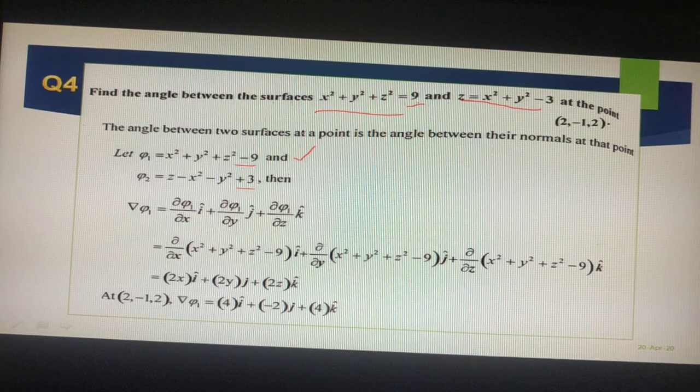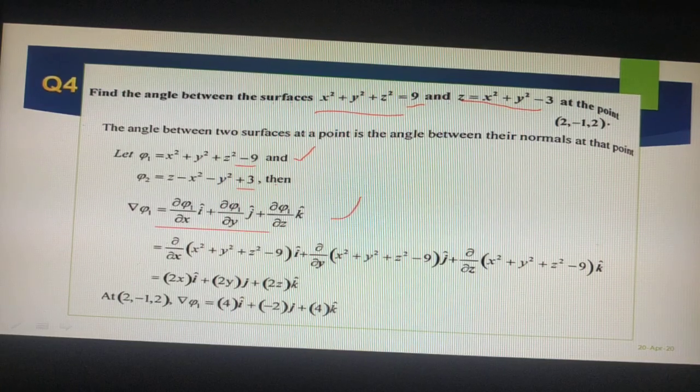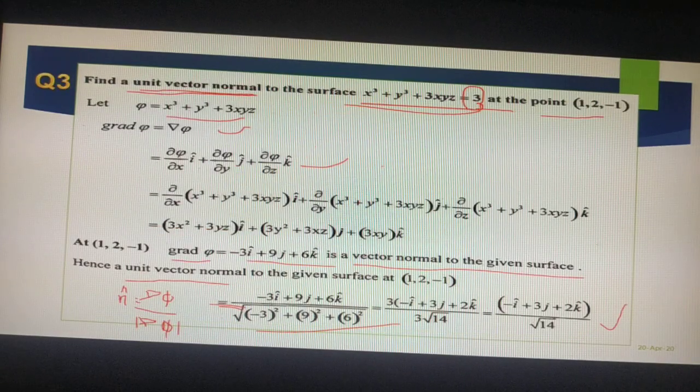When they provide a constant on the other side, those are level surfaces, and automatically when it goes to partial differentiation, these constants become 0. That's why you shouldn't confuse yourself. In this problem I did not consider it, but even if you consider it here as -3, no problem.